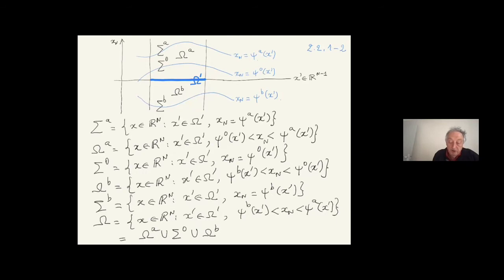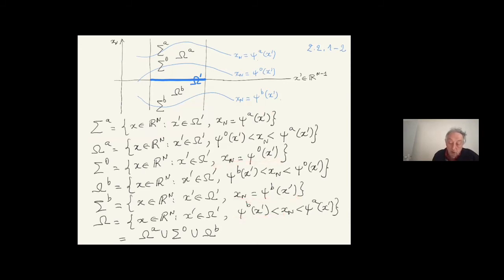For example, sigma A is made of the points (x prime, xn) with xn equals psi A of x prime, and x prime is in omega prime. Psi 0 has the same definition, and psi B the same definition.